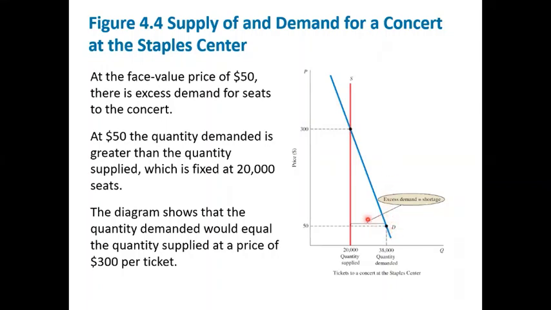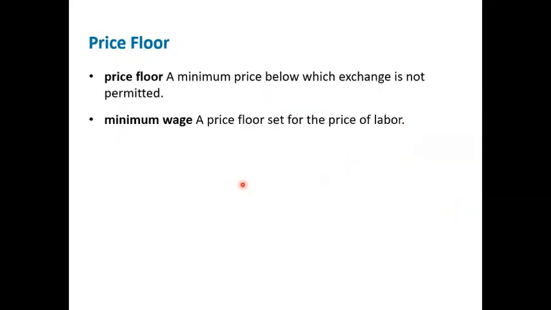Whenever quantity demanded exceeds quantity supplied, price tends to go up. If there's a law that holds it down, black market kicks in. Other rationing systems kick in. Now, the opposite of a price ceiling is a price floor. A price floor is a minimum price below which you can't trade or sell things.